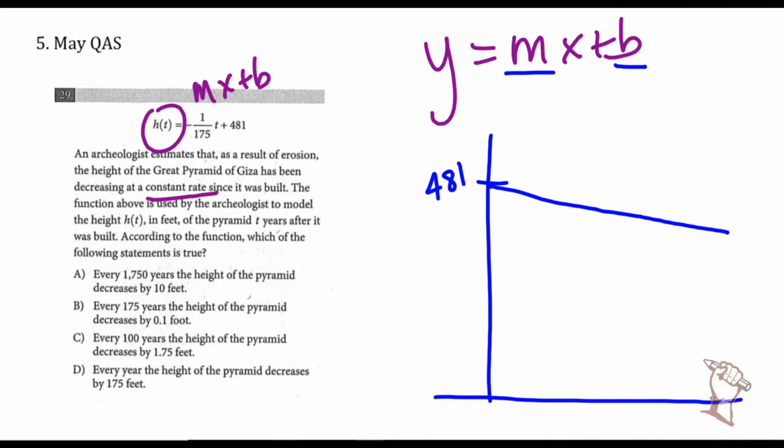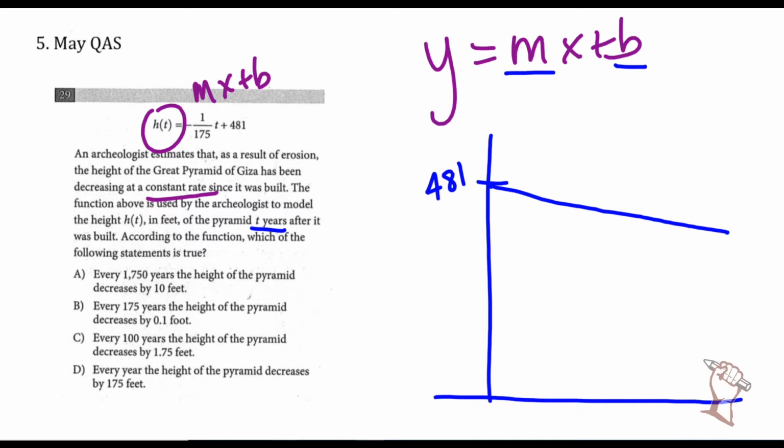The function above is used by the archaeologist to model the height in feet of the pyramid t years after it was built. According to the function, which of the following statements is true? Every 1,750 years, the height of the pyramid decreases by 10 feet.